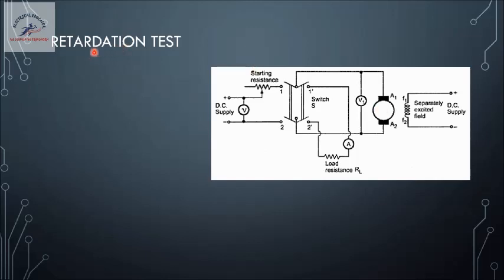Now when the armature is open, the rotor is rotating and the field supply is present. So this acts like a generator and a small amount of EMF will be induced. We can observe it. Now if we connect this switch in position 3, then the machine which is working as a generator will be connected to an electrical load. There is no mechanical energy supplied externally, and suddenly we are loading the machine, so it will come to rest faster.